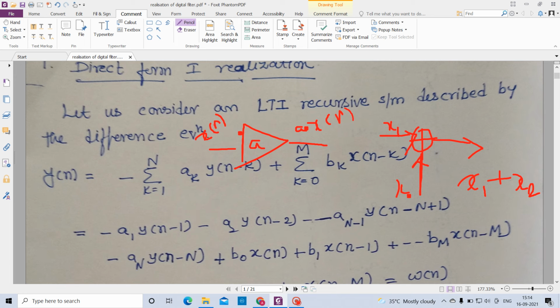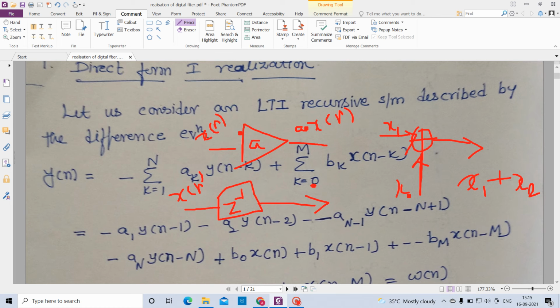Similarly, the delay element. We represent the delay element using Z inverse. Z inverse, x of n, and the output is y of n.